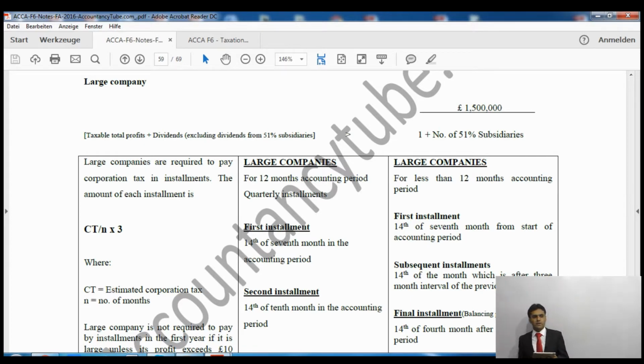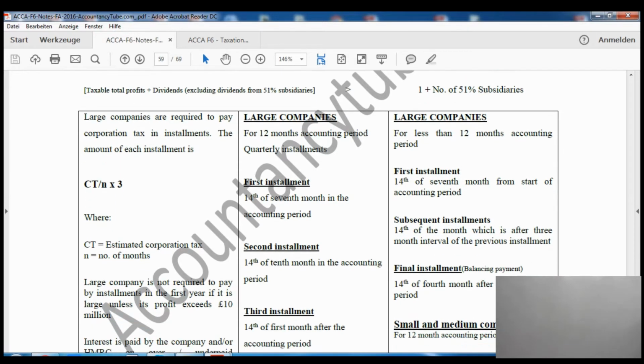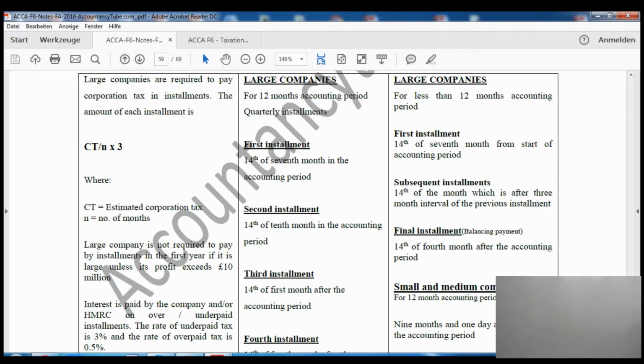So if you are one company, and you have one subsidiary as well, then 1.5 million will be divided by 2, which means that if you exceed £750,000, then you are a large company, right? And large companies are required to pay tax at the rate of 20%, as we know.